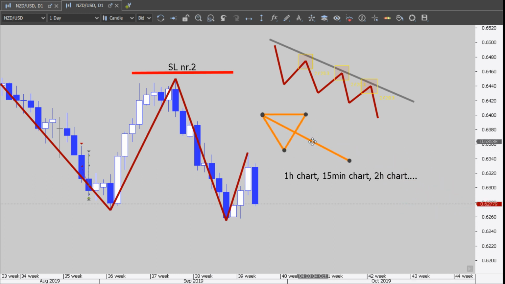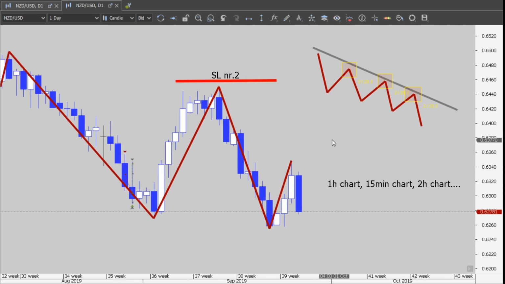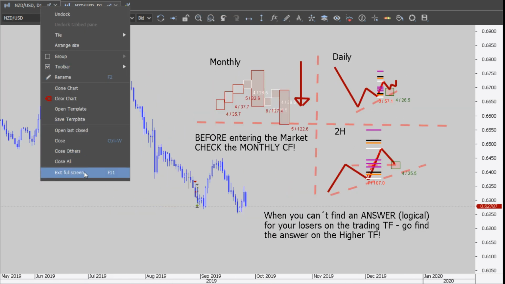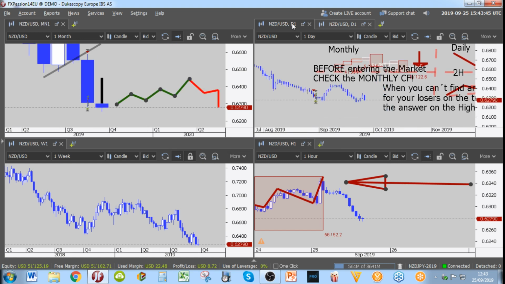Okay. Passion, but you said that I can trade on the 15-minute chart and my confirmation is the 2-hour chart. Yes sir, absolutely. But which time frame is going to dictate price movement on the 2-hour chart? Is the daily. This is why the bigger the time frame, the stronger the indicators.